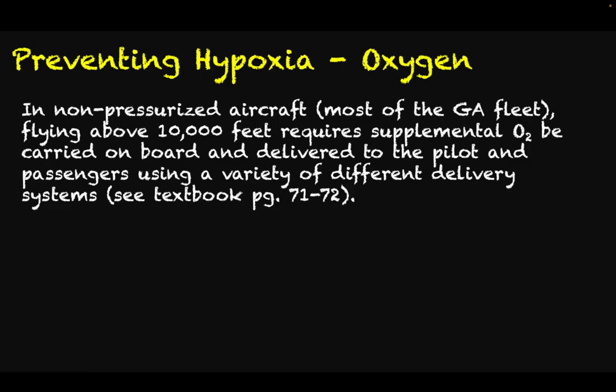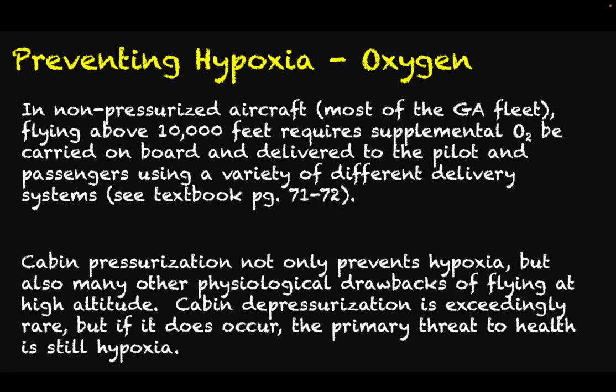So as far as preventing hypoxia goes, the obvious answer is, okay, you need to get oxygen, right? So in non-pressurized aircraft, which accounts for most of the general aviation fleet, flying above 10,000 feet requires supplemental oxygen to be carried on board and delivered to the pilot and passengers using a variety of different delivery systems that you can read about on your own in your textbook.